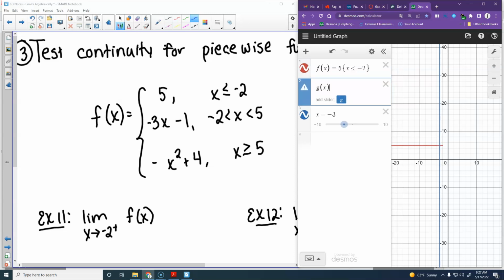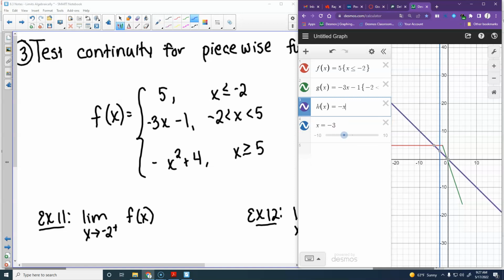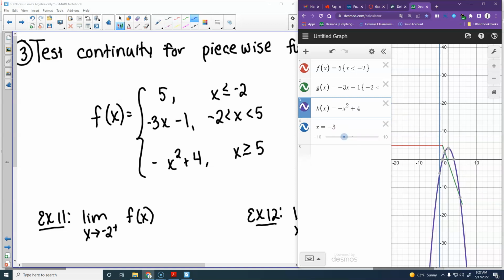I'm going to enter it as 3 separate functions, just because it's easier to do it that way in Desmos.